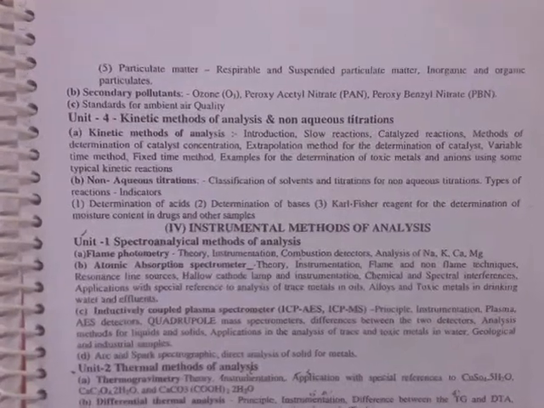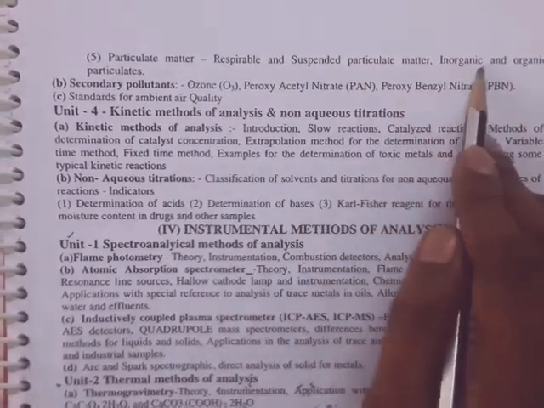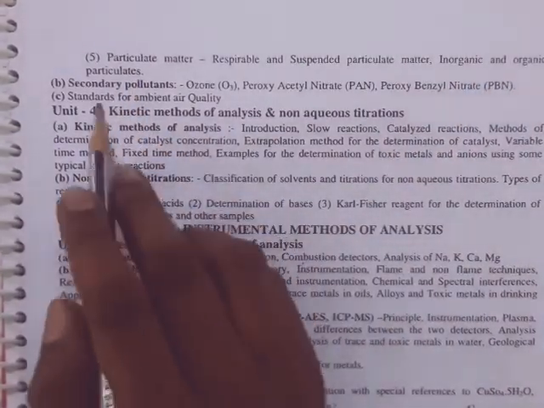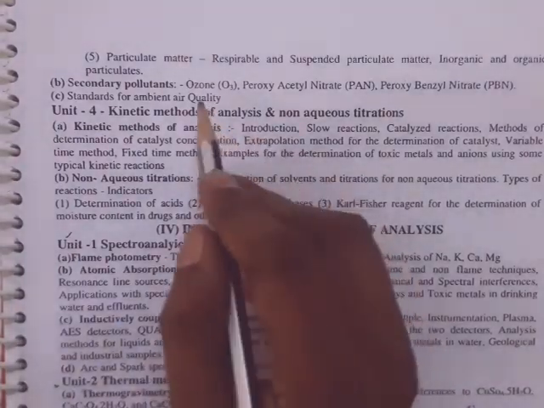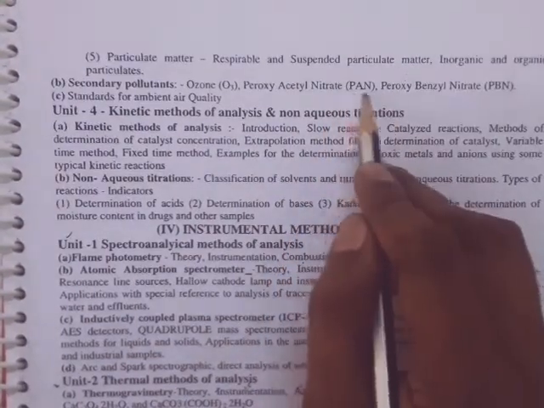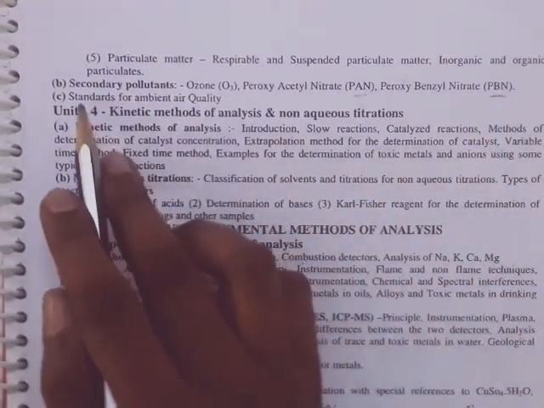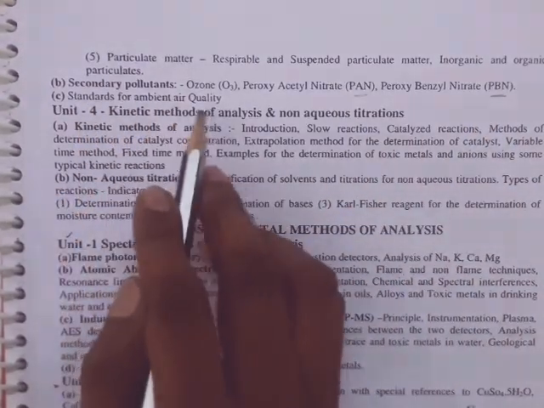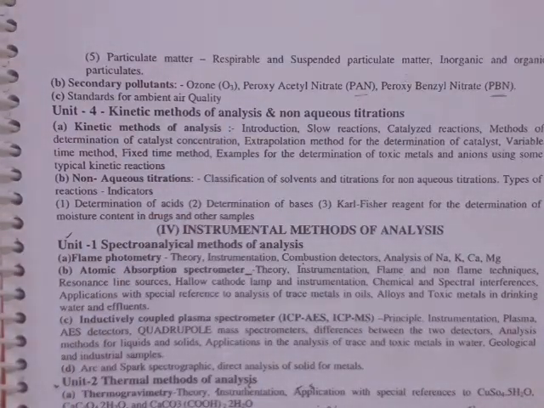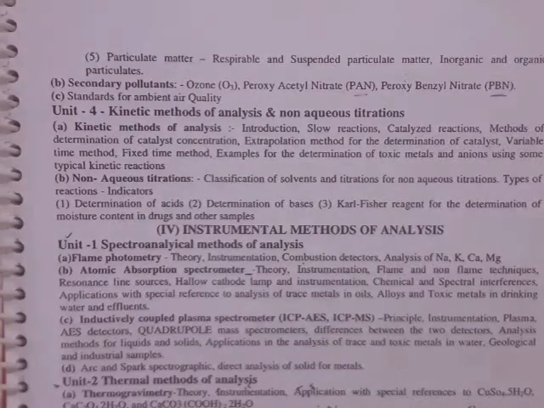And particulate matter also we can determine: respirable and suspended particulate matter, inorganic and organic particulates. And the secondary pollutants you can determine: ozone, peroxyacetyl nitrate, simply called PAN, peroxybenzyl nitrate, simply called PBN. And next topic is standards for ambient air quality. So these are the topics which are inserted in your third unit under the heading assessment of air quality.